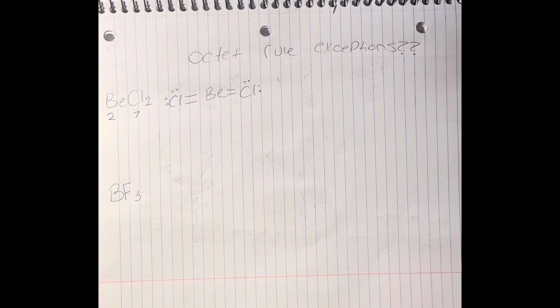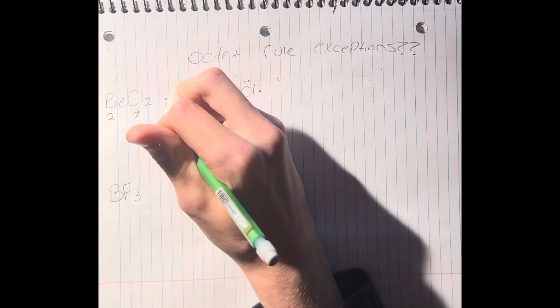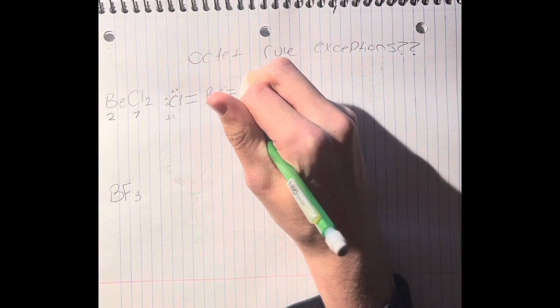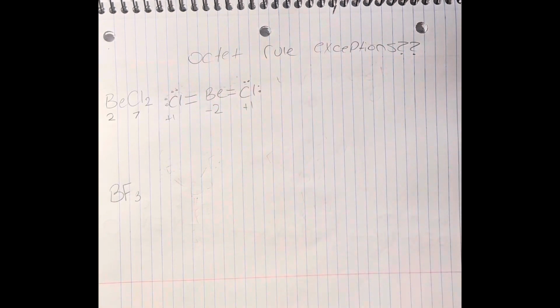So the next thing that we need to do is calculate the, I'm forgetting it again, formal charge, okay? So we're going to calculate the formal charge. We're going to realize Cl is going to be +1. This one's also going to be +1 because it's the exact same. And then the Be is going to be -2. Not the best, all right? We got no zeros, okay?